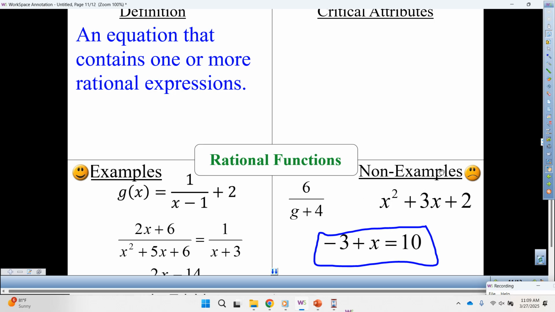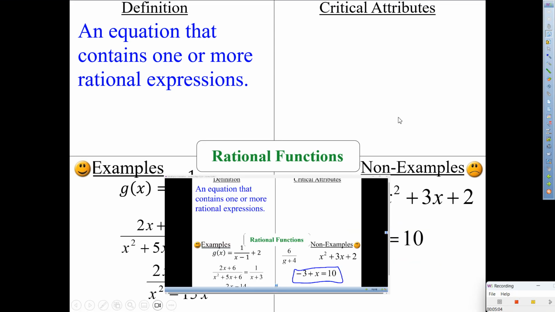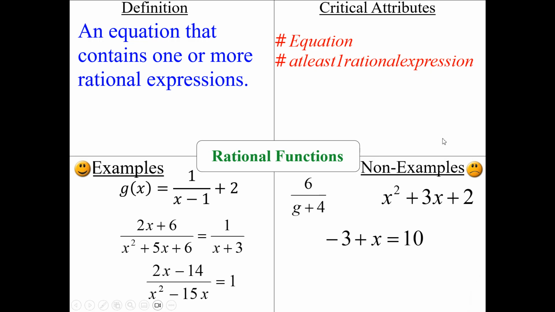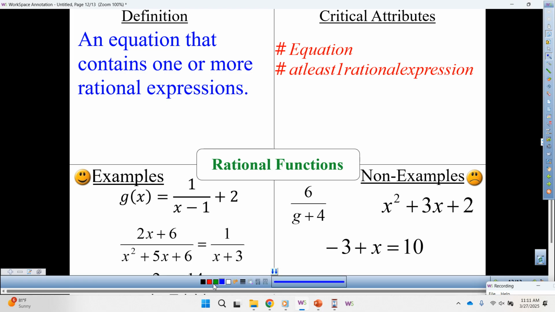They don't have an equal sign. They're not equations. That is correct. All right, so what makes a rational function a rational function? Well, it has to be an equation and have at least one rational expression, or in other words, at least one fraction.